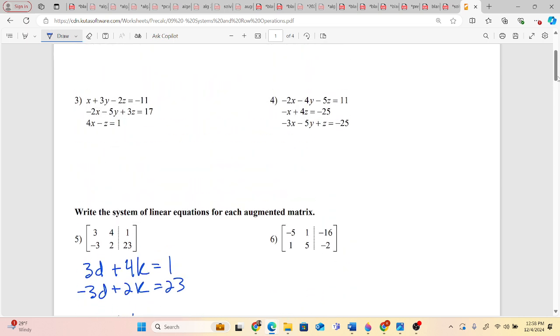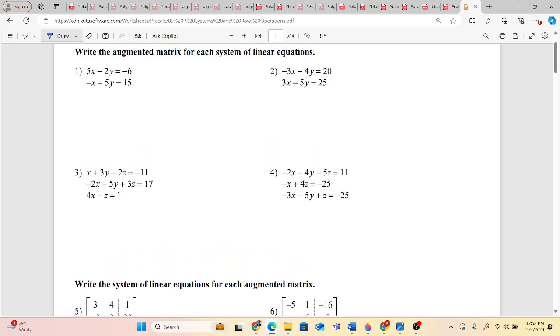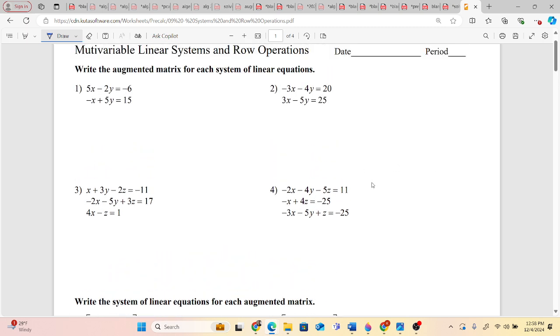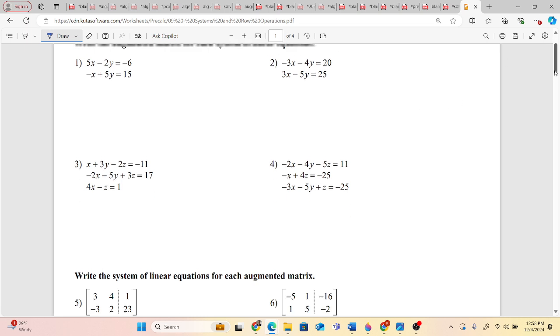Okay, so anyway, now I'm gonna go up here and then we're gonna call it. I'm gonna change a system of linear equations to the matrix form and then augmented matrix, and then we'll call it. So this first one, because it's got X, Y's, and Z's in there, I don't get to choose this. I got to use X, Y, and Z because that's in the equation, all right?